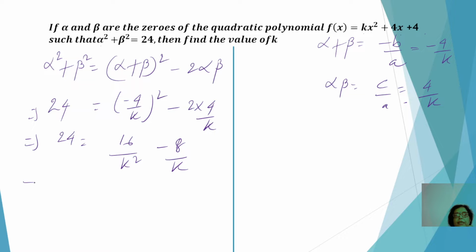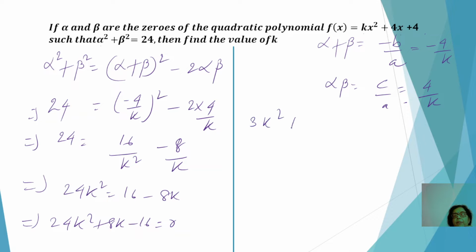So on taking the LCM, you get 24k square is equal to 16 minus 8k. Or this becomes 24k square plus 8k minus 16 is equal to 0. Taking out 8 common, we get here 3k square plus k minus 2 is equal to 0.